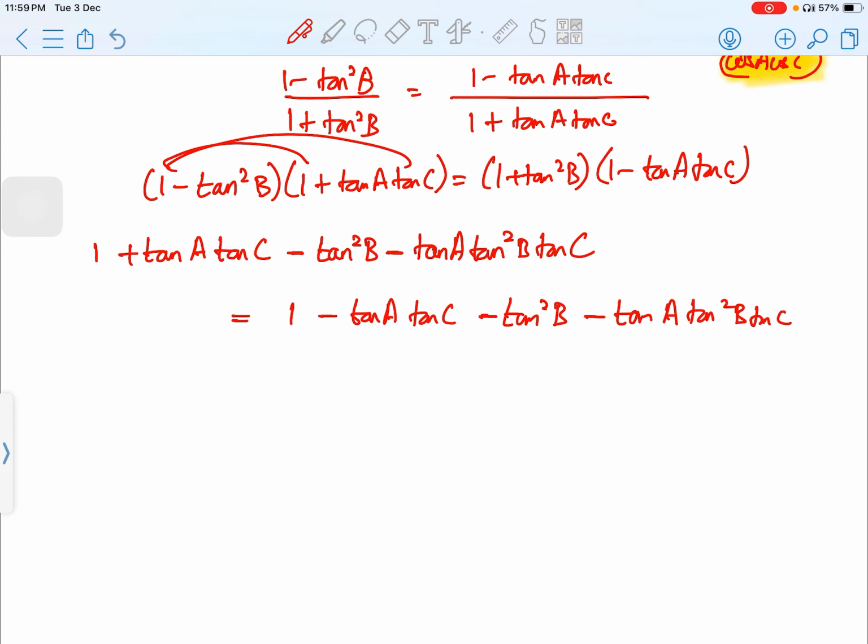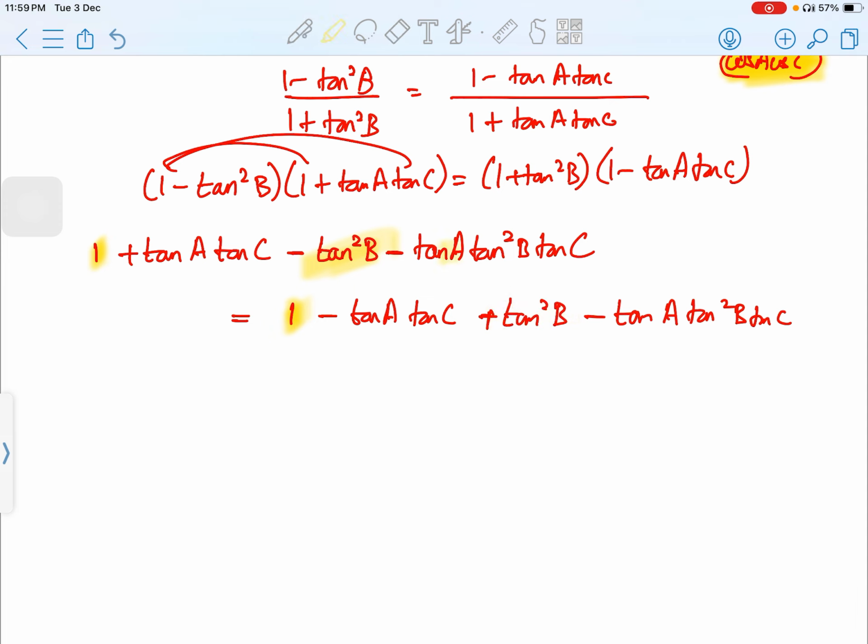Can you understand? If you check both sides, the 1 and the 1 get cancelled. The tan A tan square B tan C term is the same on both sides, so that also cancels. But the tan square B term has opposite signs, so it will not get cancelled.